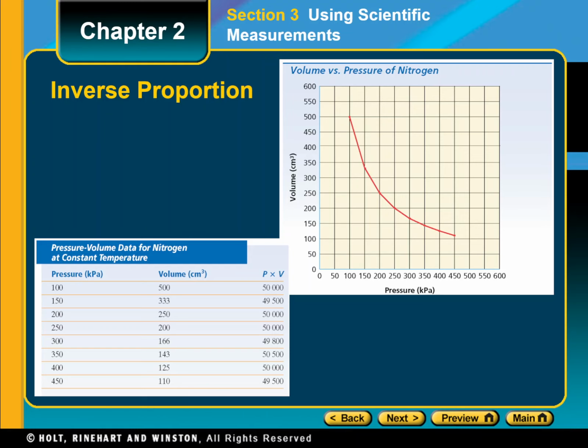An example of such a graph is given on the screen here to the right, showing the data from the table on the left. The ends of the graph approach the x-axis and y-axis, because as one value moves away from 0, the other value must approach 0.